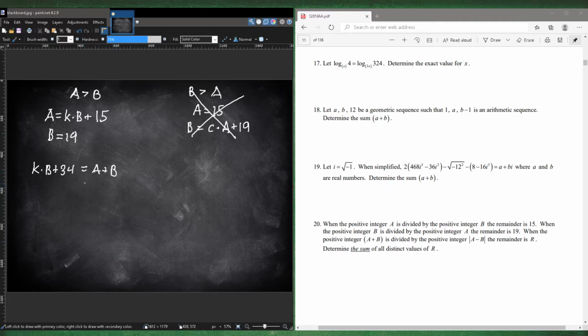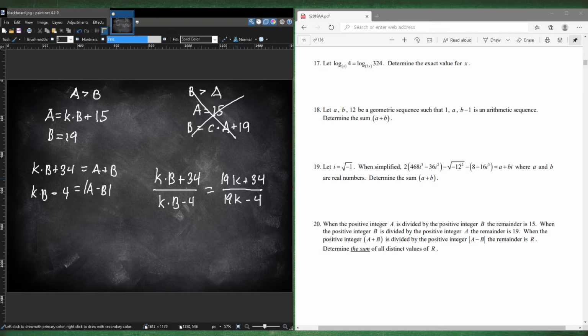And then absolute value of a minus b is k times b minus 15 minus 19, which is minus 4. So when we have k times b plus 34 divided by k times b minus 4, it has some kind of remainder. And remember, b is equal to 19, so let's substitute that in. So 19k plus 34 over 19k minus 4.